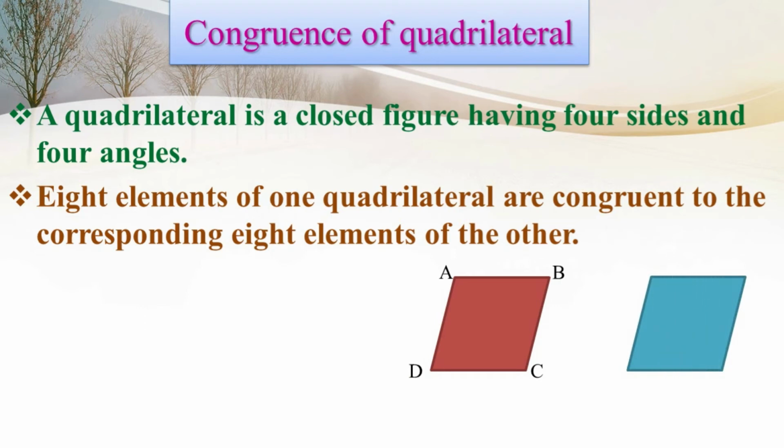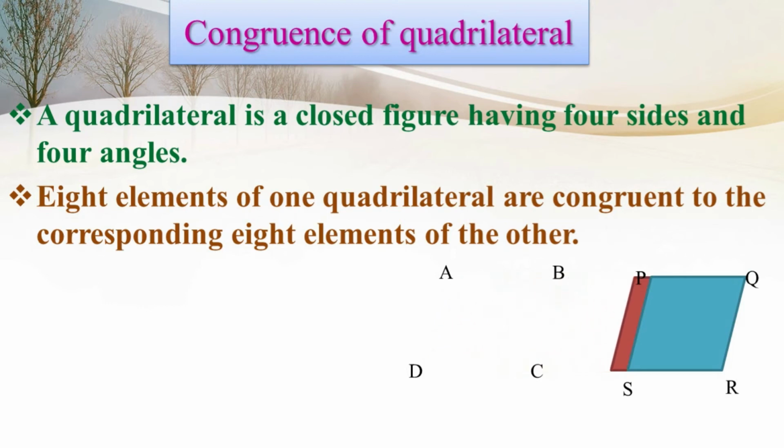We are going to find whether it is congruent with the quadrilateral PQRS. How to find that? The method of investigation is the superposition method. By doing this, exactly, the quadrilateral ABCD coincides with the quadrilateral PQRS.